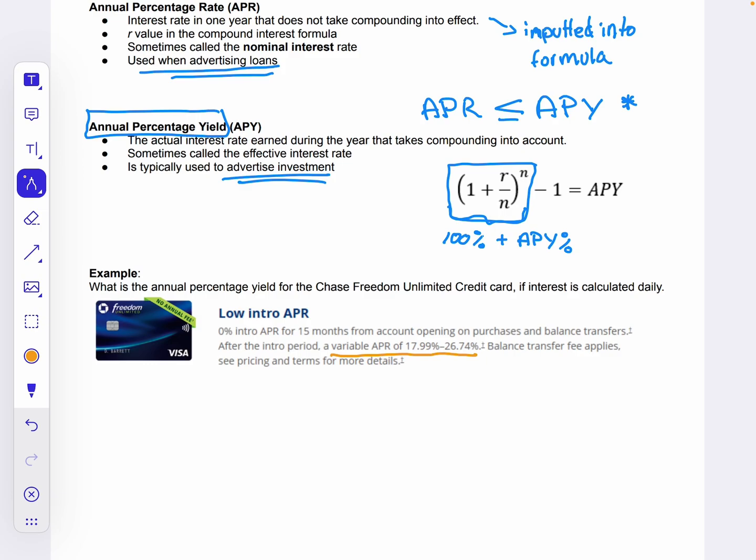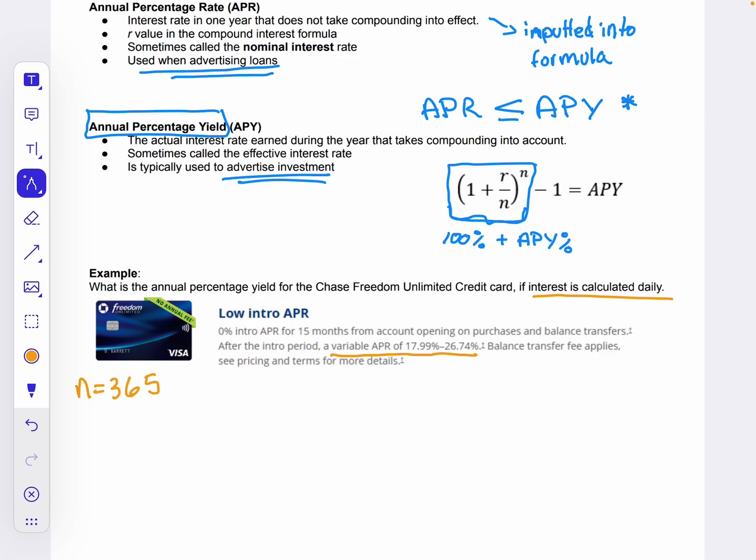Yes, credit card debt has a huge interest rate. So we want to know, what is the actual annual percentage yield if you just kept your debt within that credit card. And we're going to calculate this twice so we can see it two different times. Now, we're going to say that interest is calculated daily. So that means our n value is 365.